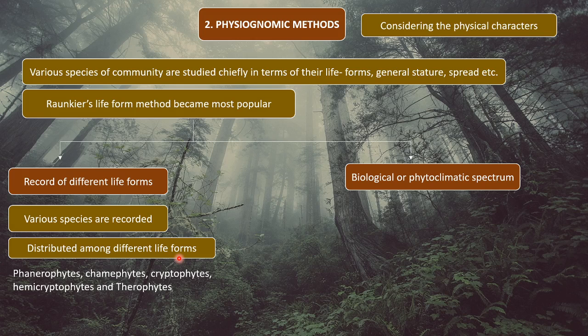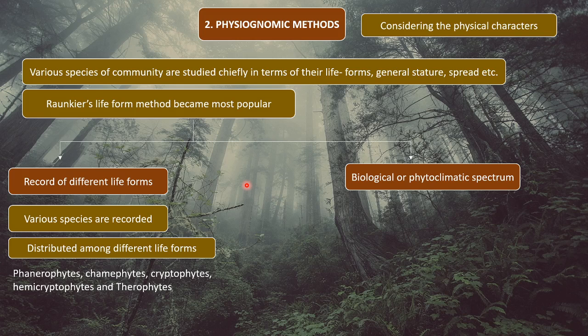I'll list down that neem tree is present, and I will see under which of these life forms it falls. It falls under phanerophyte, so I'll list down the plant species, which is neem, and also identify that it is a phanerophyte based upon its characters.